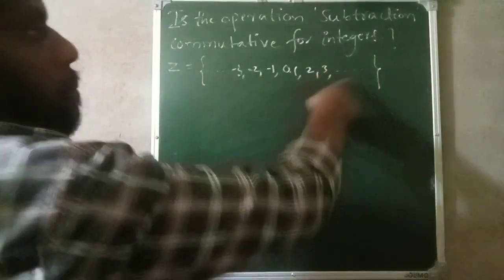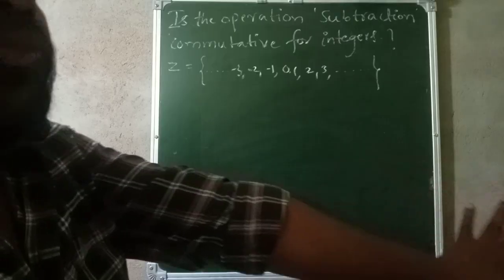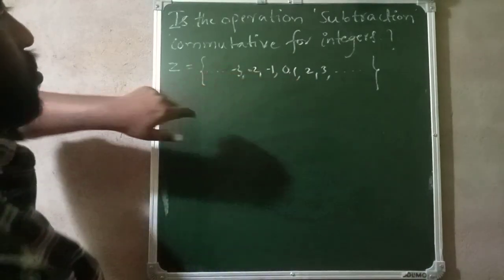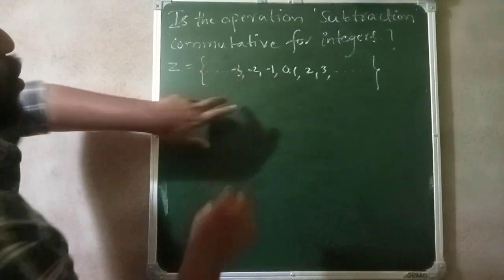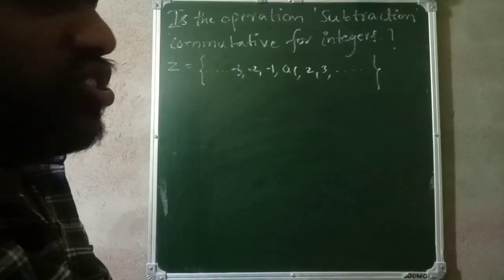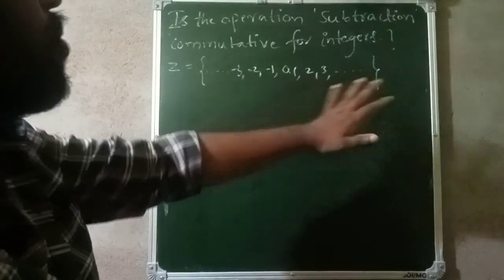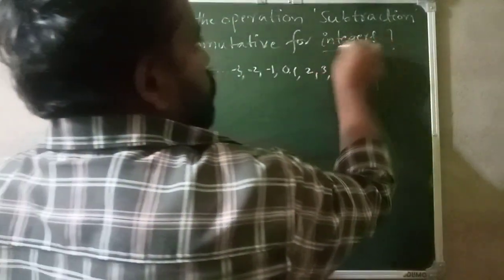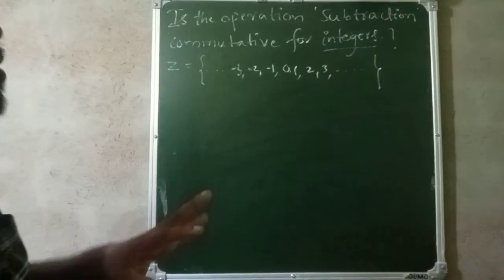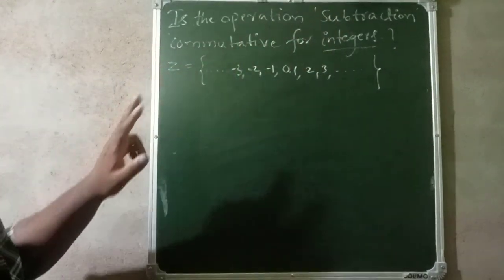Dot dot dot means numbers will continue till infinity, and on this side also I put dot dot dot, so numbers will continue till minus infinity. Okay. So this is the set of integers. For this set we have to check whether subtraction is commutative or not.